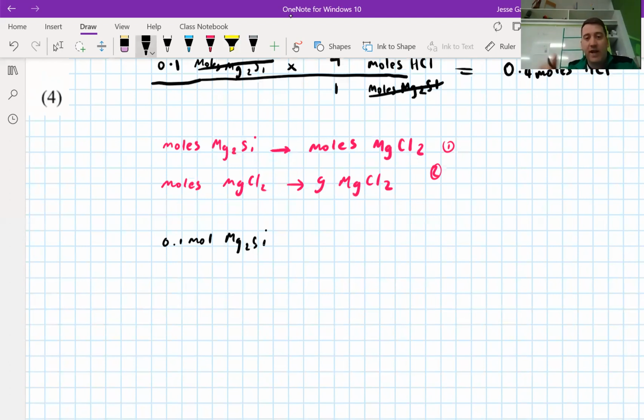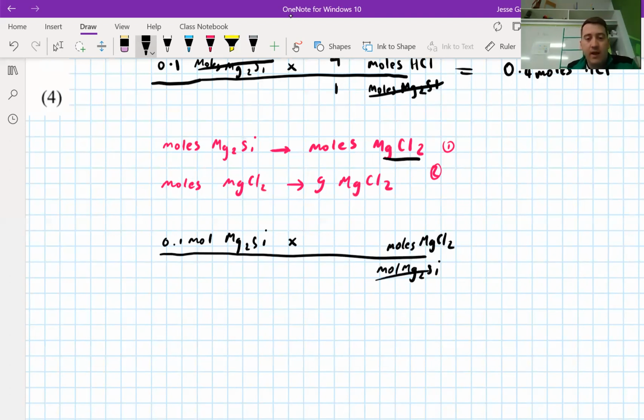Again, always go back and check to make sure you're right. We're going to set up a unit analysis conversion where we go from moles of Mg2Si on the bottom to moles of MgCl2 on the top. Those cancel here, moles of Mg2Si, sorry, gets confusing with all the symbols.